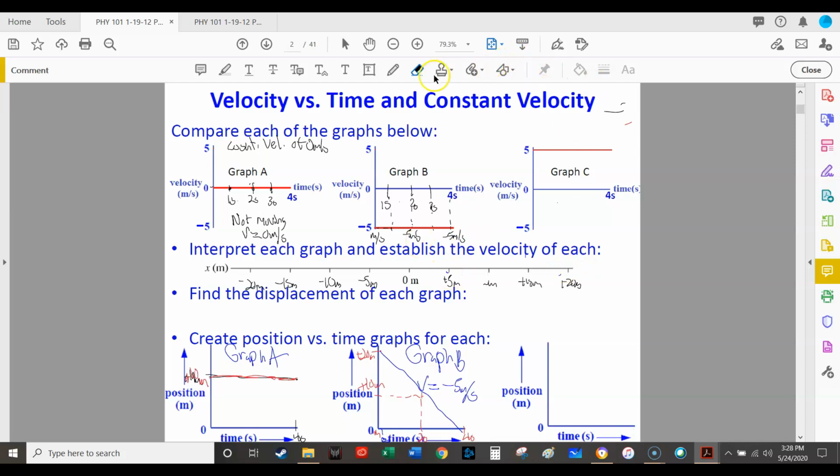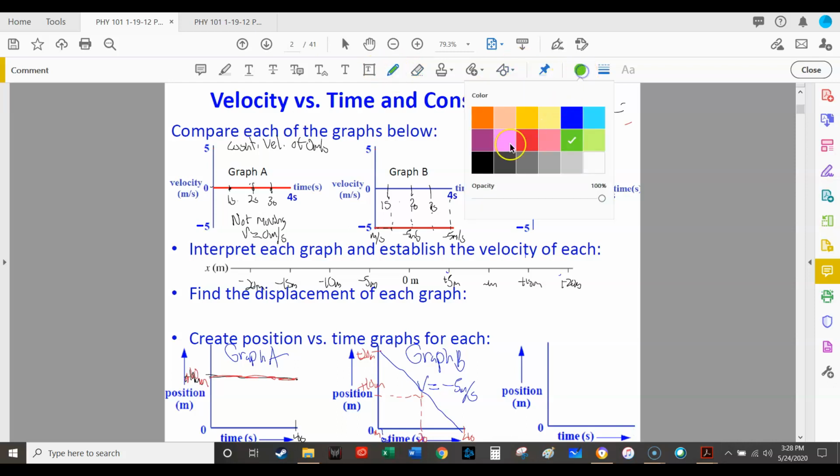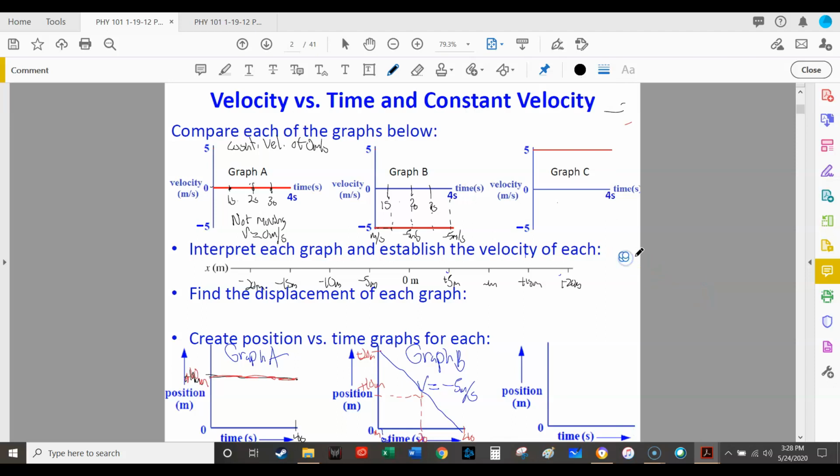Get a little crazy erasing there. This should be 10 meters, this will be 15 meters, and this will be 20 meters. So this is positive 10 meters.